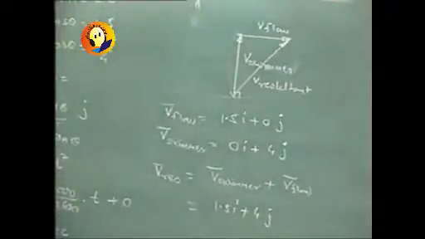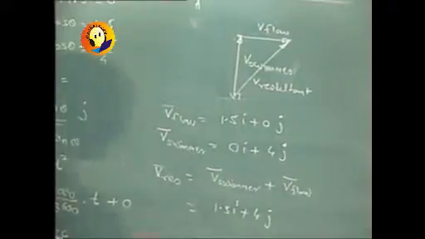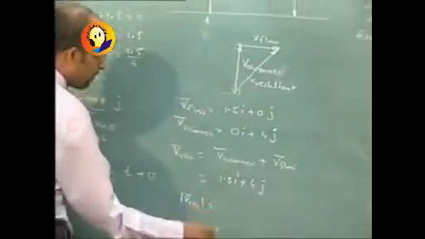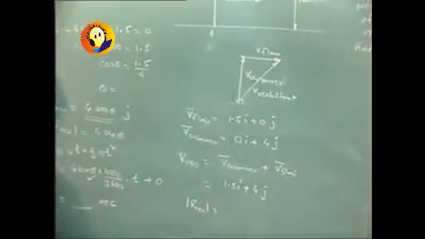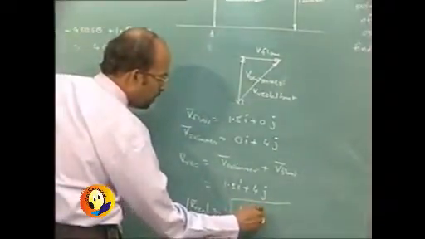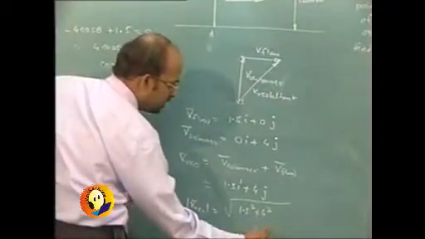Now with this velocity the swimmer is moving. We can always find out mod of V resultant, which is going to be under root of 1.5 square plus 4 square. So we will get some velocity which is again in kilometers per hour.